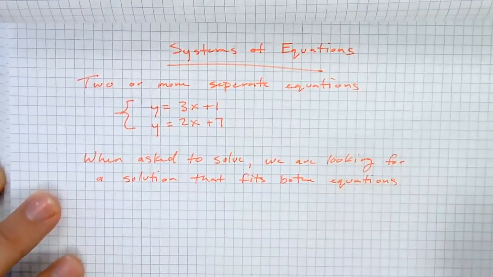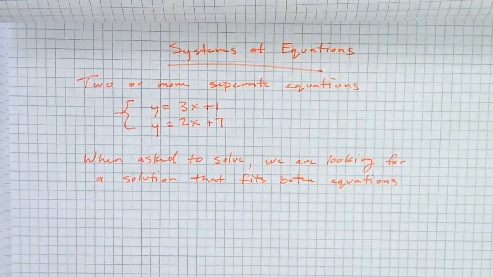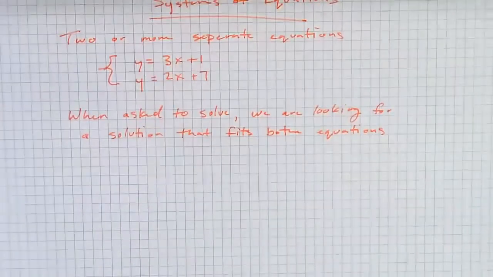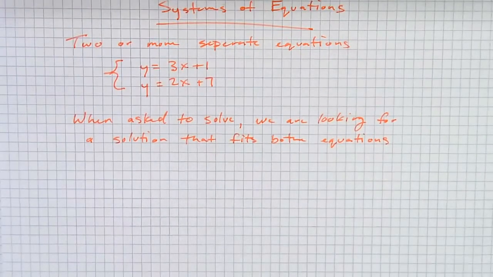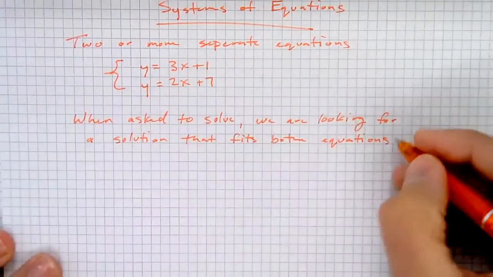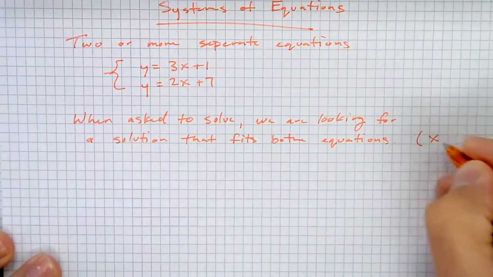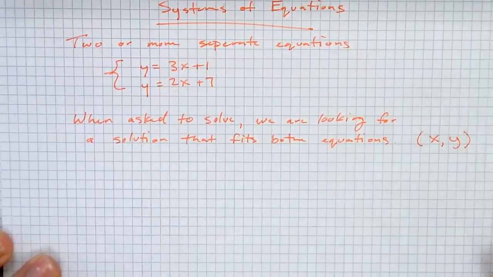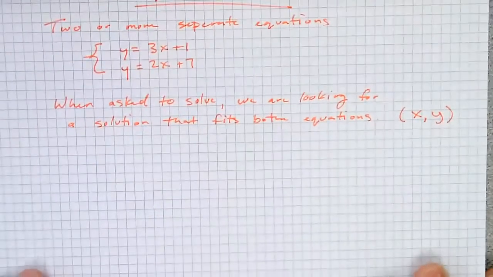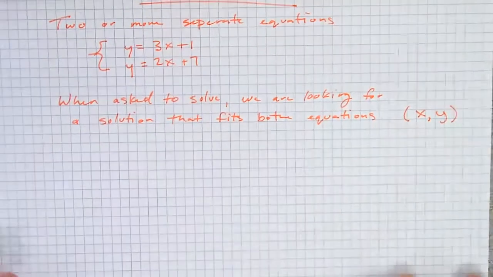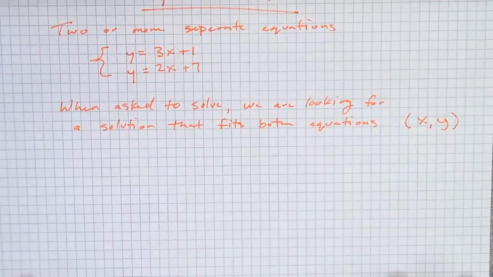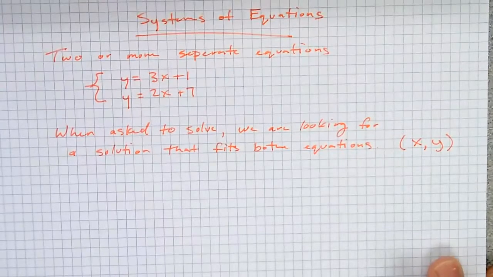Usually it's a point, right? It could be multiple points. It could be a whole bunch of different things. But usually it's a point like x and y. Again, not always, but definitely for what we're going to be doing in this first part, it will be.